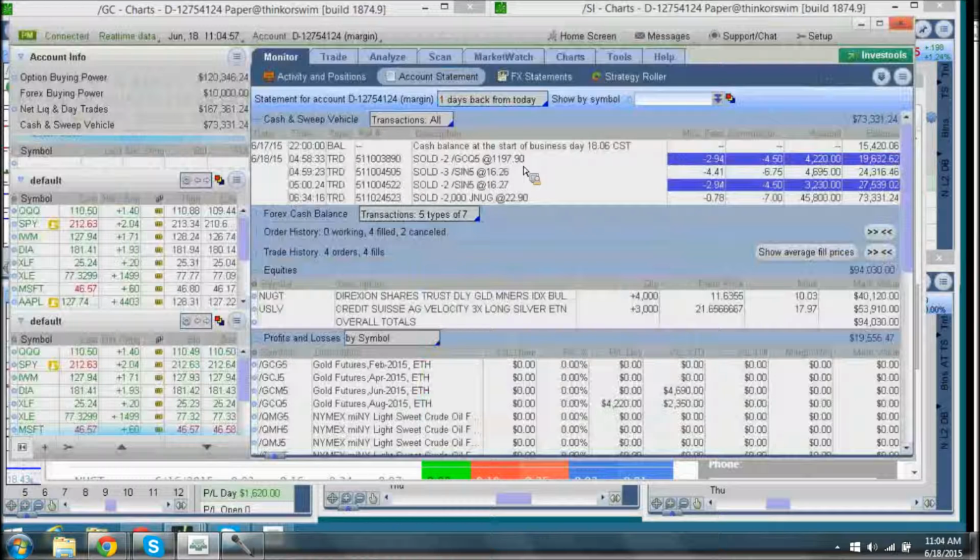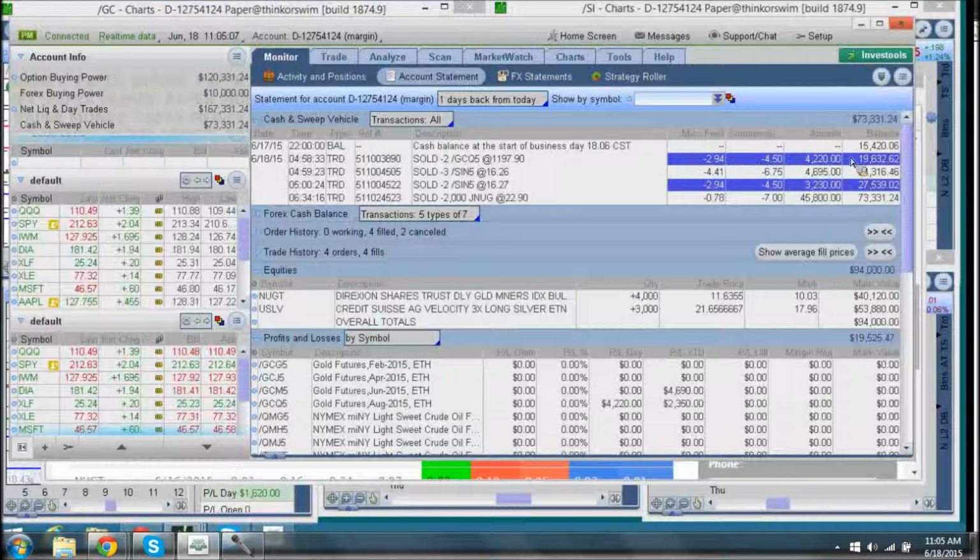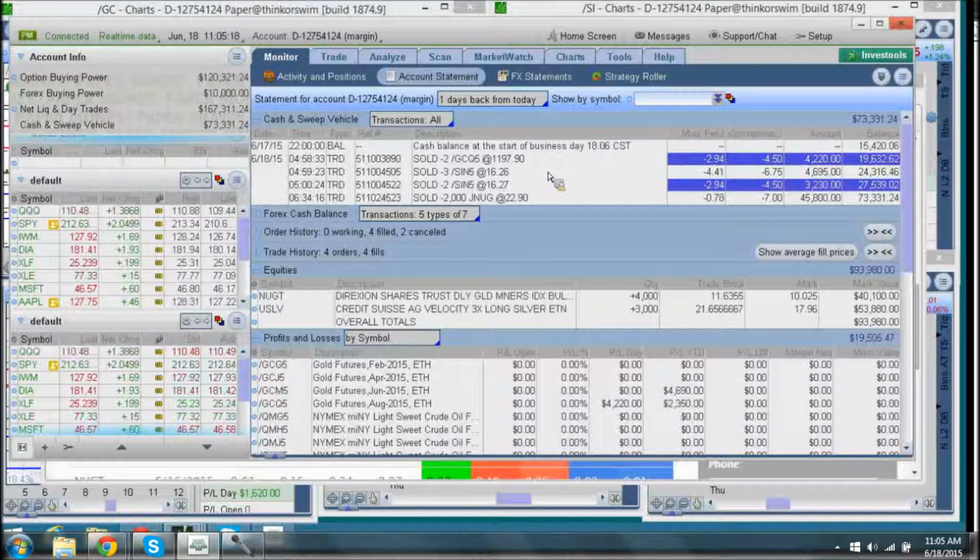You can verify with the exchanges that this trade did occur during that time. It did happen. So we were able to produce this profit today. And we've kept this swing trade position for a few days, since last week. You can see the results here this morning have been really terrific.